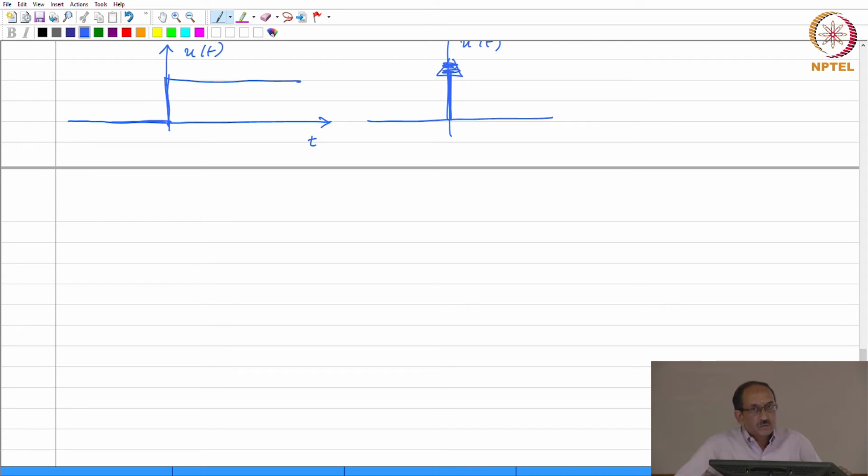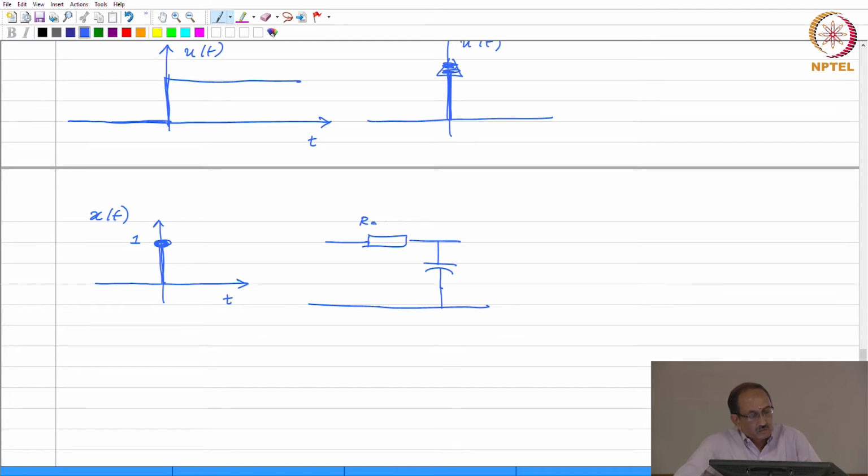And just to make sure you have understood all these things properly, if you know the answer to this question, very good. If you don't know, it's worth thinking about till the answer becomes clear and there are no confusions about this. So this is x of t, and this signal is applied to this circuit.